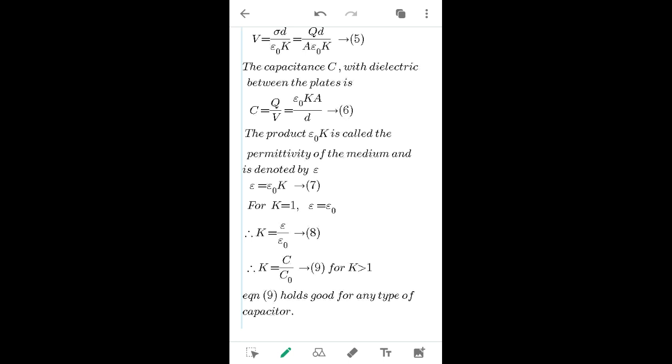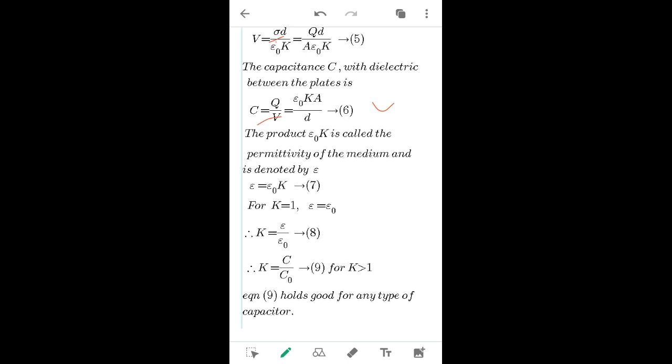Now substitute that value in the potential difference. So that is sigma D by epsilon naught K. Again we will substitute for sigma, that is Q D upon A into epsilon naught K. Then the capacitance will be Q by V, which is equal to epsilon naught K A by D. That is the 6th equation.